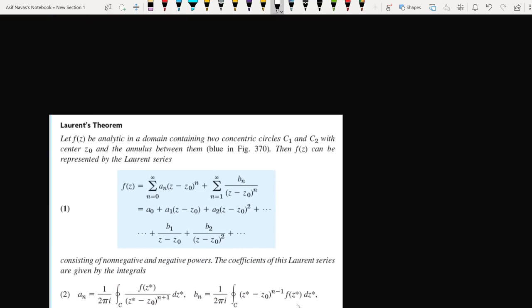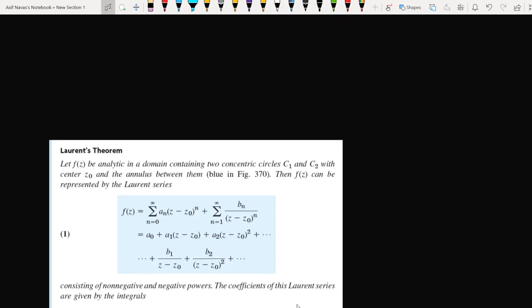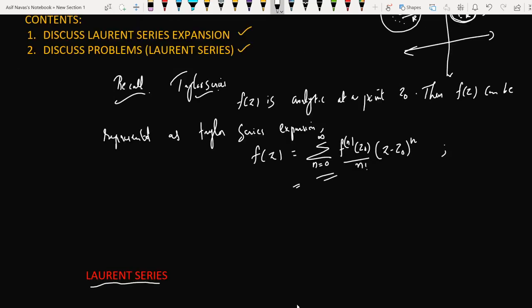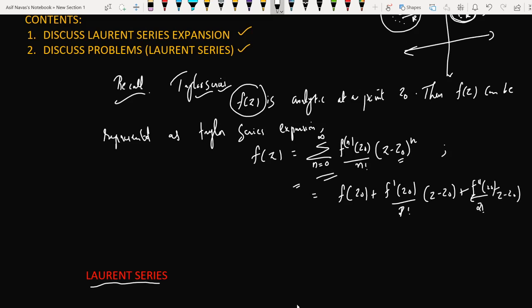If we have a Taylor series expansion with the center z naught, we have the expansion in the form f of z naught plus f dash of z naught divided by 1 factorial times z minus z naught, plus f double dash of z naught divided by 2 factorial times z minus z naught all square, plus etc. So this is an expansion in z minus z naught, right?